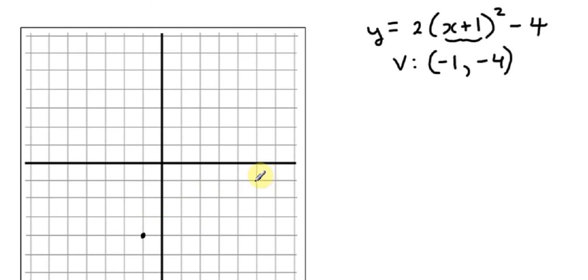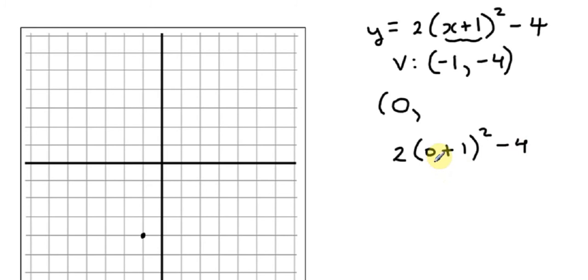Now, all I really need is maybe one or two other good points, and I'm going to list them here. I think a really good point, because it's the y-intercept and it's easy calculations, is when x is 0. If you plug 0 in here for x, you're going to have, let's write it underneath, 2 times 0 plus 1 squared minus 4.